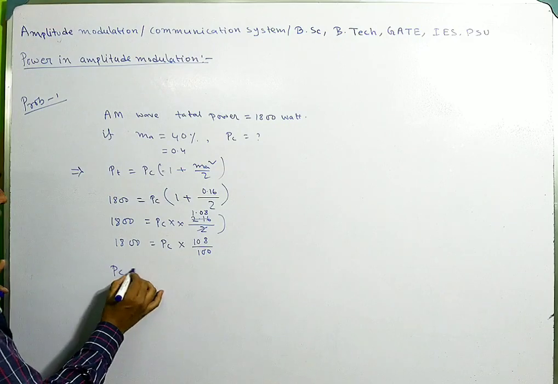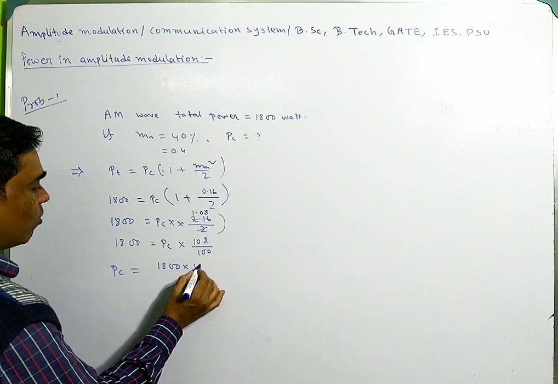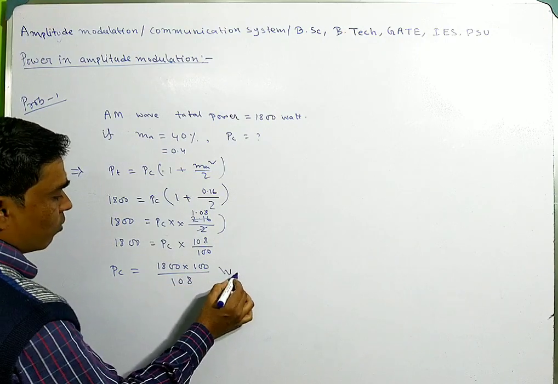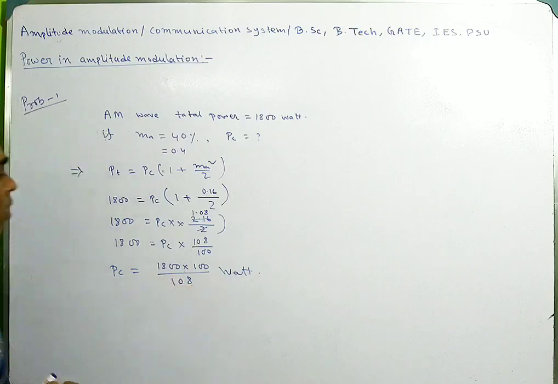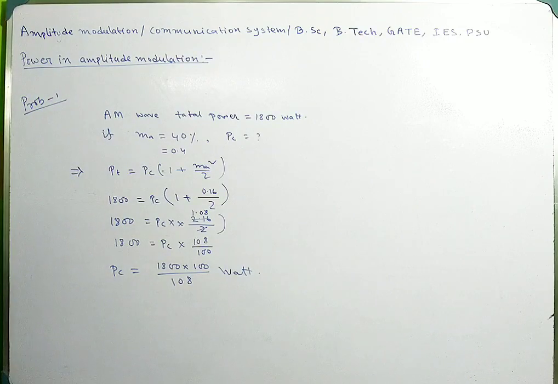So PC is given by 1800 into 100 divided by 108 watt. If you calculate this value, then you will get the total carrier power of this problem.